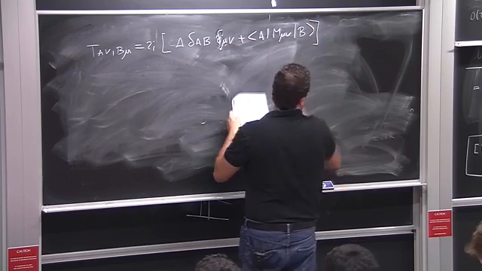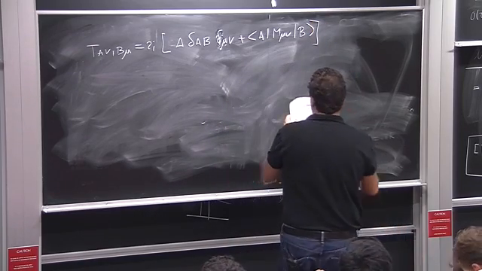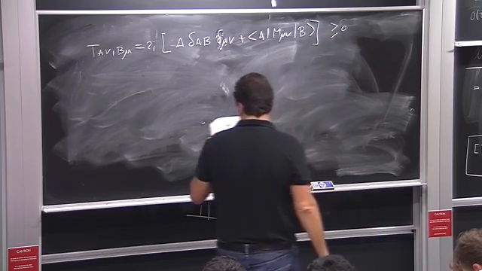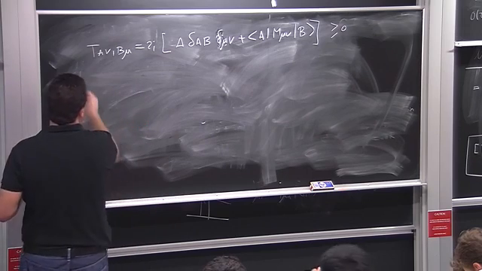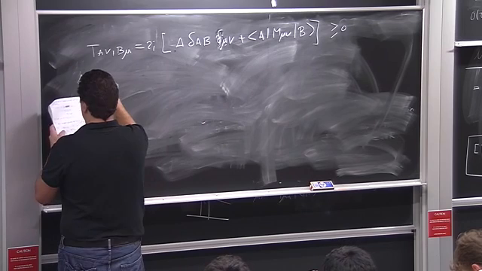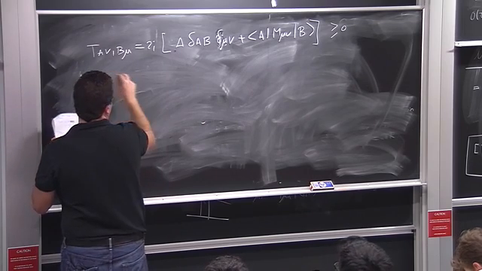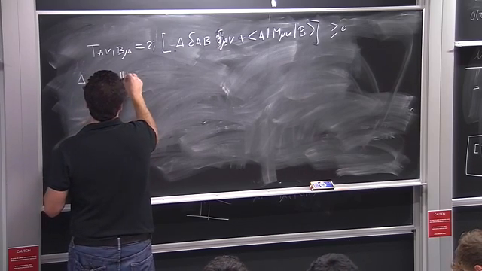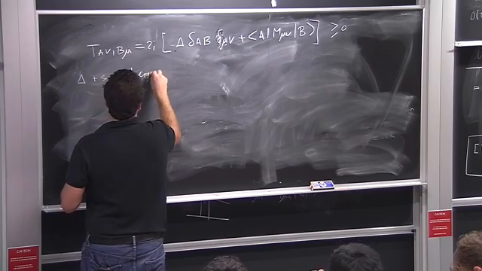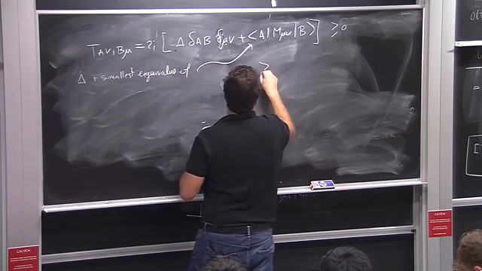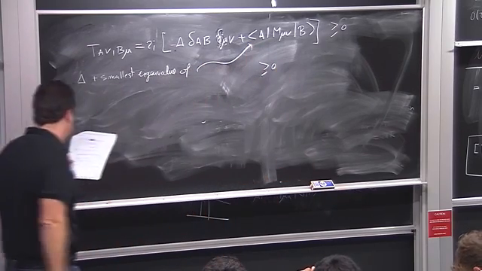And the statement of unitarity is that this should be positive definite. That means essentially that delta plus the smallest eigenvalue of this has to be non-negative.